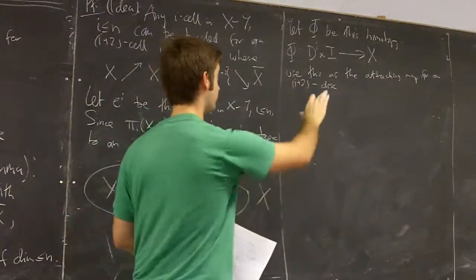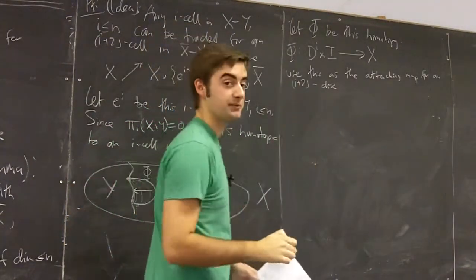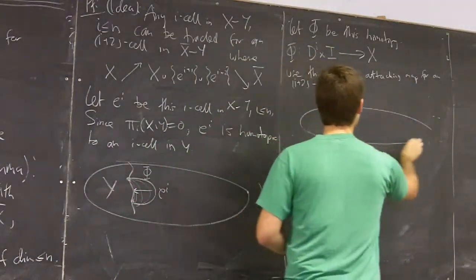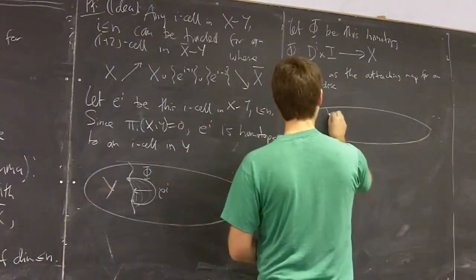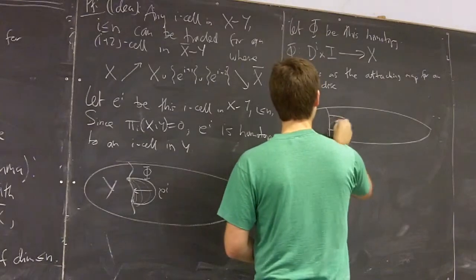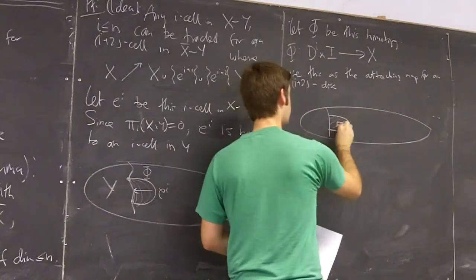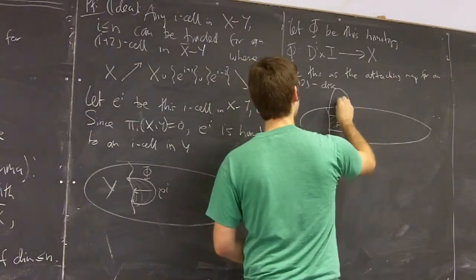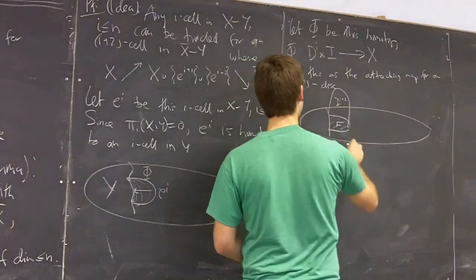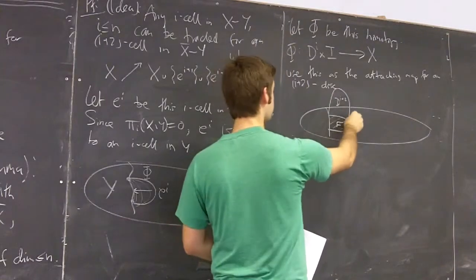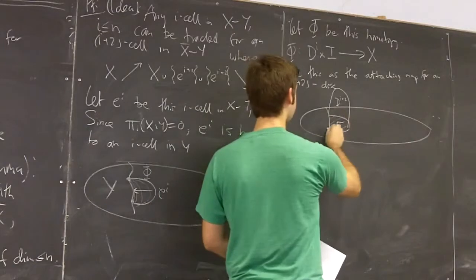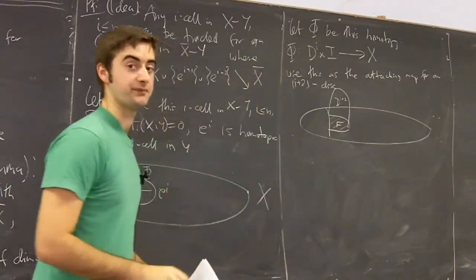So it's attached via an I plus 1 disk in its boundary. So this homotopy is the part I was calling F before, and here's a D I plus 2 attached via a D I plus 1 in its boundary, where the boundary of that D I plus 1 is in the I skeleton of X.